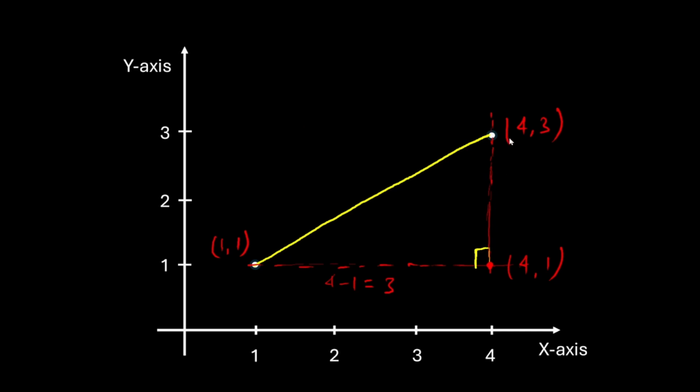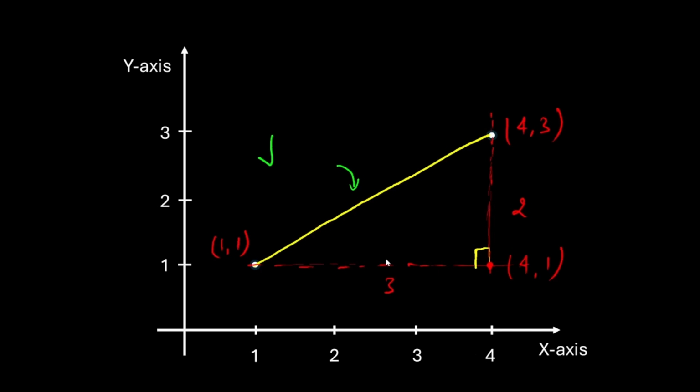Now this vertical distance, so we have to subtract y coordinates, right? 3 minus 1, which is equal to 2. So what we have is this horizontal distance 3 and this vertical distance 2, right? Now from Pythagoras theorem, this distance is equal to square root of base square.